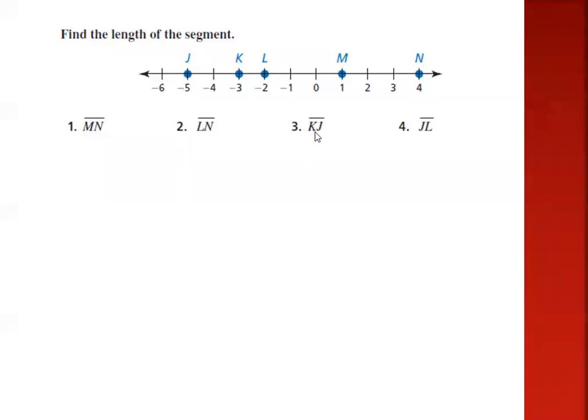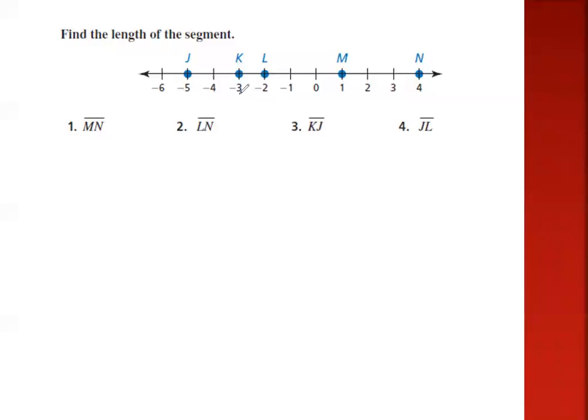Exactly. What about KJ? Where is K? Negative 3.